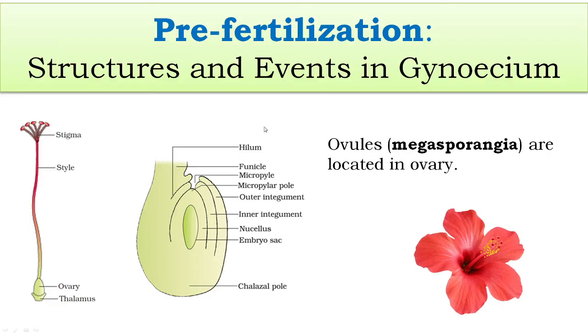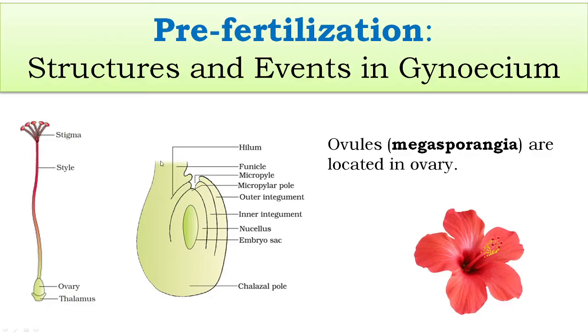Now it is important for us to know the structure of a typical ovule. Inside the ovary we can have one ovule or many ovules, and the ovules are attached to the ovarian wall with the help of the placenta.